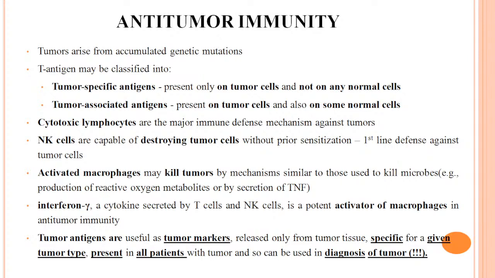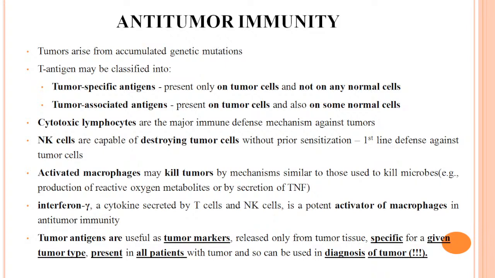The human cell gets new antigens due to modification, so it becomes an antigen for the human immune system. Tumor antigen is called T antigen. It may be classified into tumor-specific antigens that are present only on tumor cells and not on any normal cells, and tumor-associated antigens that are present on both tumor cells and also on some normal cells.